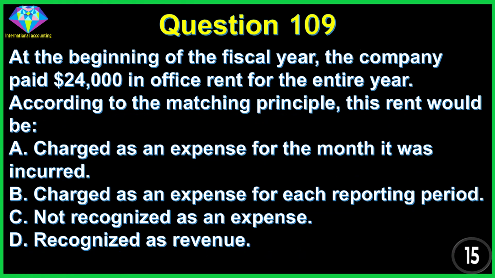At the beginning of the fiscal year, the company paid $24,000 in office rent for the entire year. According to the matching principle, this rent would be A. Charged as an expense for the month it was incurred. B. Charged as an expense for each reporting period. C. Not recognized as an expense.